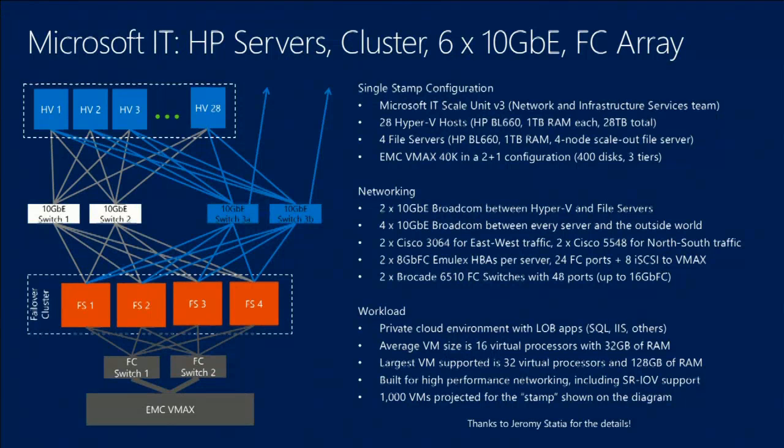This is very high-end because their VMs are really huge. So they're using 32 gig VMs, right? And they're doing a lot of very sophisticated workloads, like high-end databases and all that. And they're deploying this using, again, our Hyper-V over SMB solution.